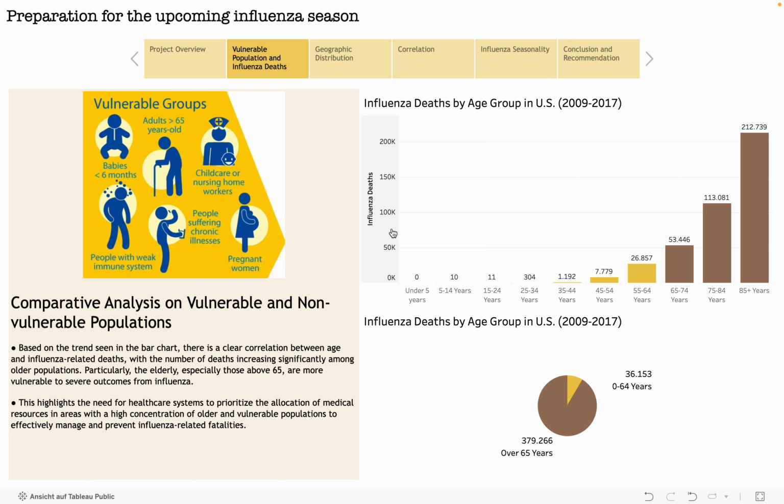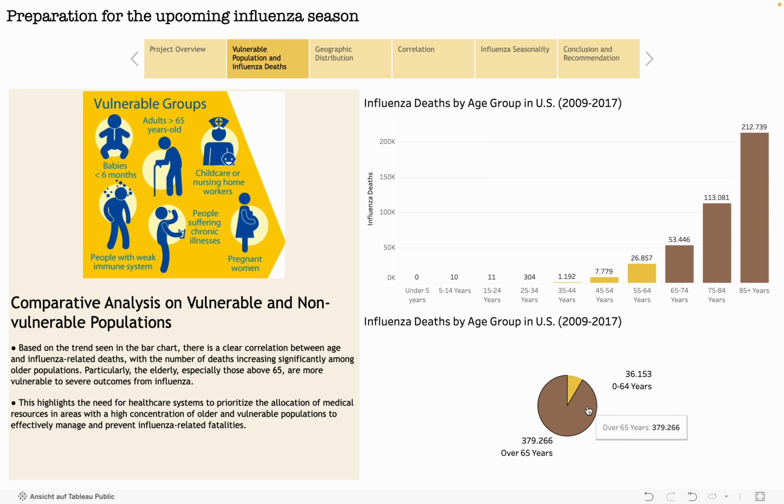On the second slide, we present a comparative analysis between vulnerable and non-vulnerable groups. The bar chart shows a clear pattern. As people get older, the number of influenza deaths goes up, especially for those over 65.